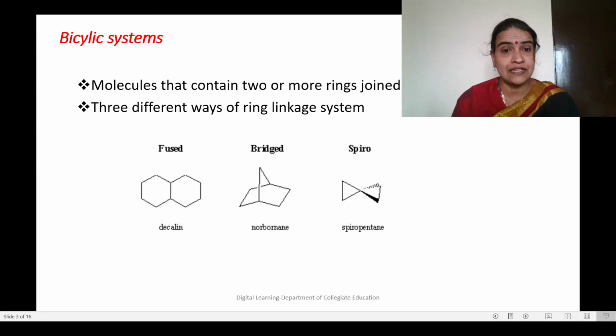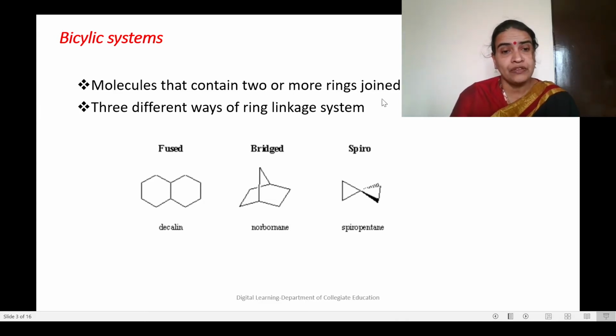But there are certain compounds where two rings are fused together, joined together. They are called bicyclic system. So molecules that contain two or more rings joined together can be called bicyclic system. Two or more in the sense, more means it can be tricyclic also, and so on.